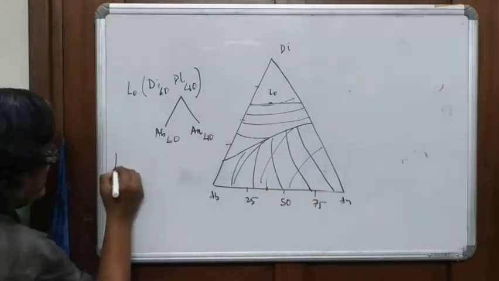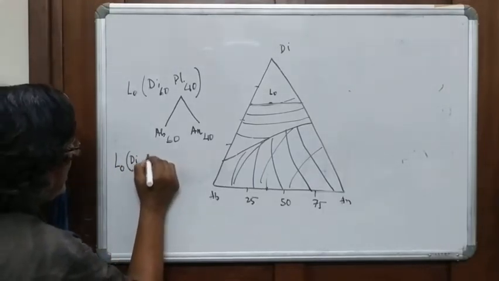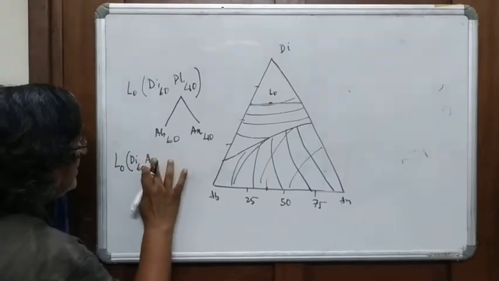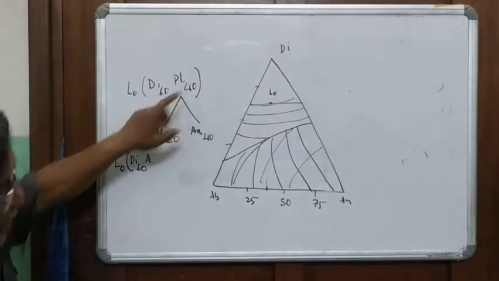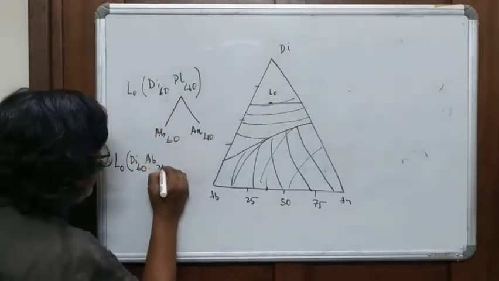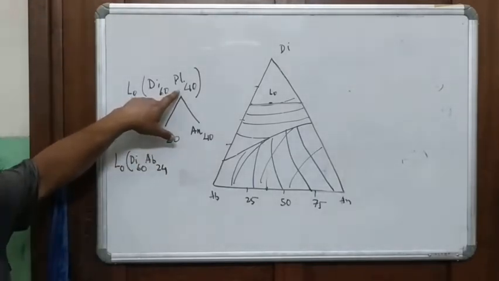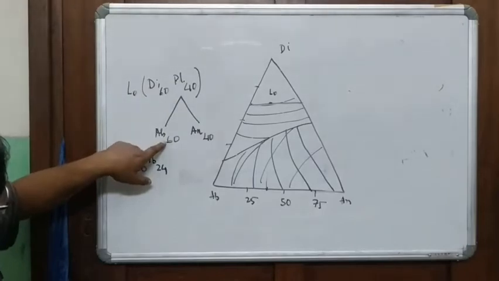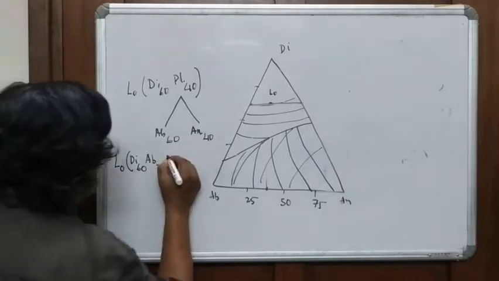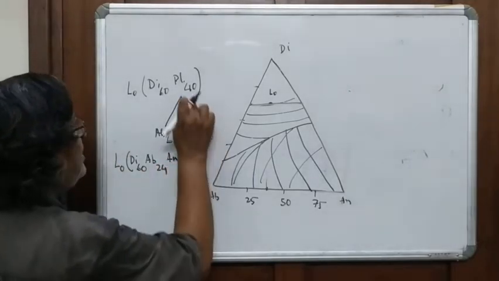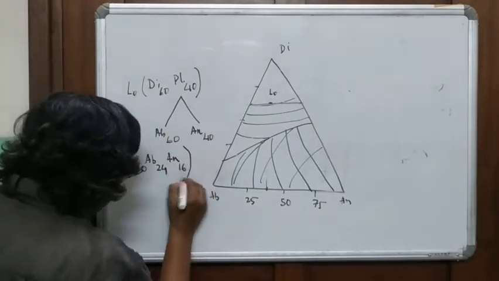So your L0 essentially is diopside 60, albite 0.6 into 40. That means albite is 24. 0.6 into 40. Have you understood? 0.6 into 40, that's 24. And what is anorthite? 0.4 into 40. That is 16.